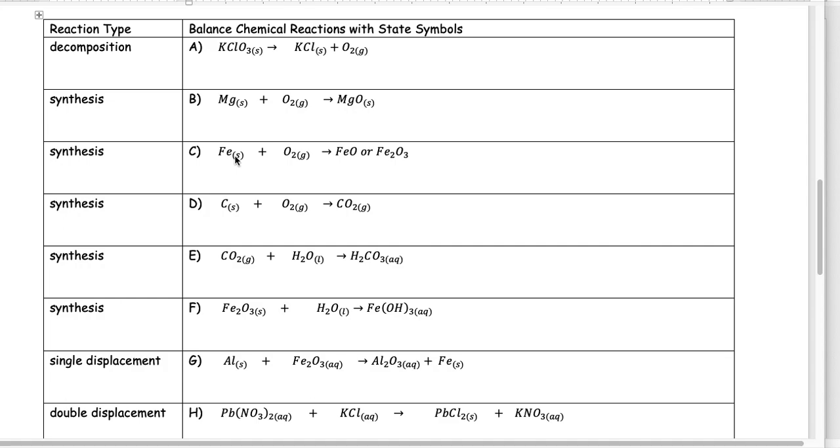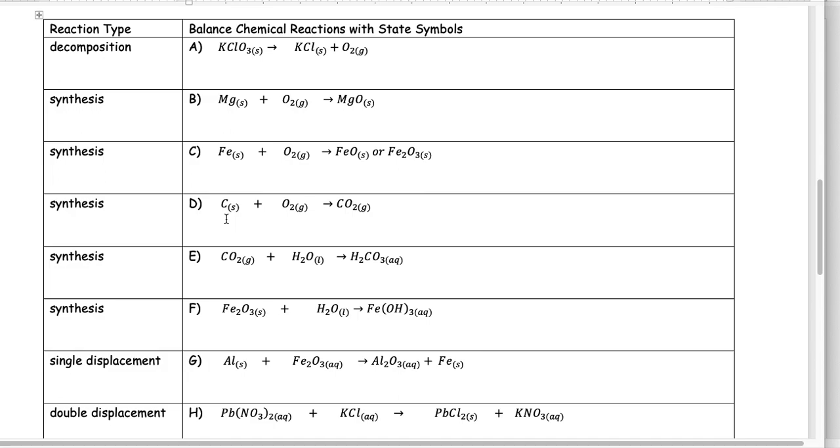Same with iron here, iron and oxygen. Sorry, I didn't write this in. This should be solid as well. And then here, what was this one? Okay, there. So solid left over.